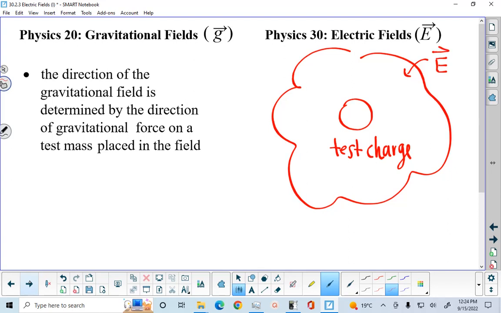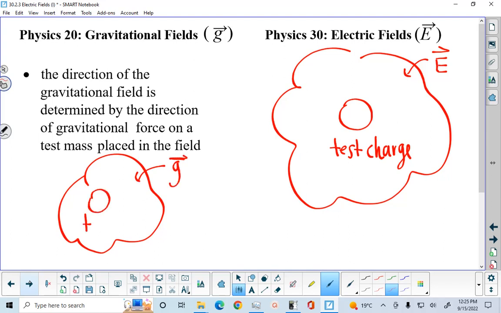Well, when we put a test mass in a gravitational field, it experiences a gravitational force, and the force is towards the floor. But even if you knew enough information about this electric field, you can't tell me which way this test charge will be forced due to the electric nature. In other words, you can't tell me whether it's going to be forced to the left or the right.